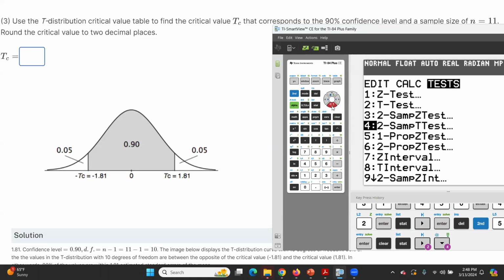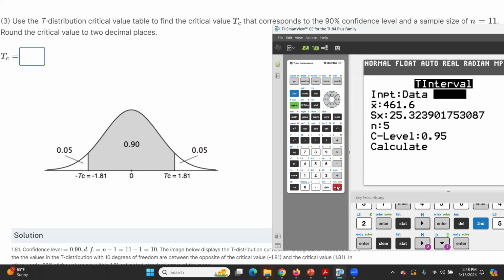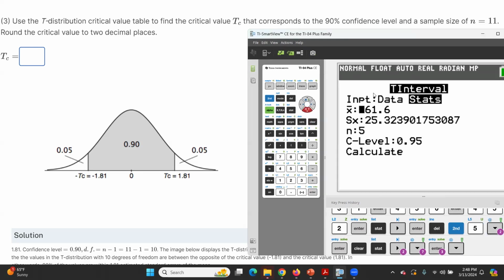So your cursor needs to be on TInterval. Hit enter. You have the statistics of the data, you don't have the actual values. So if you enter x bar, the standard deviation of the sample, and enter n, you can easily find the confidence interval for the data.